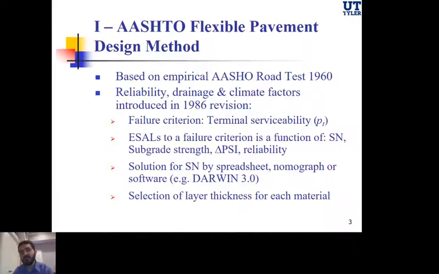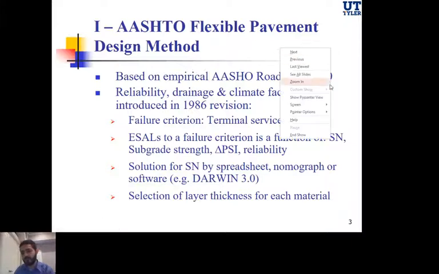Equivalent single axle load, where basically they converted every axle or every traffic that they see to this equivalent single axle load, which is typically the 18-kip axle, like most of the 18-wheeler trucks, which has dual tires. So I'm going to draw it for you here. Excuse me again for the drawing, I'm using my mouse to draw this.